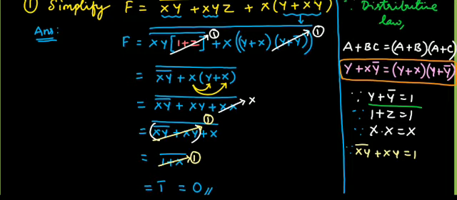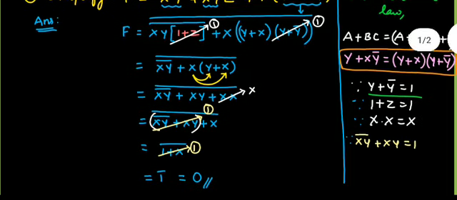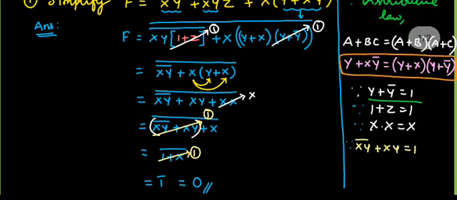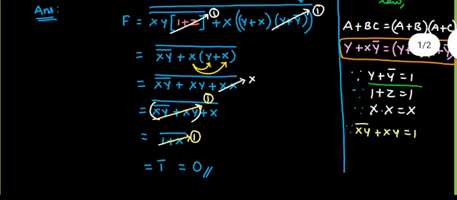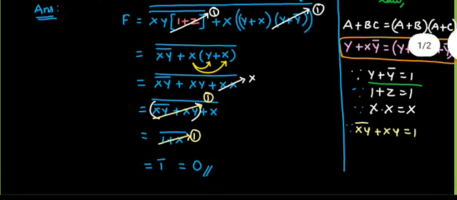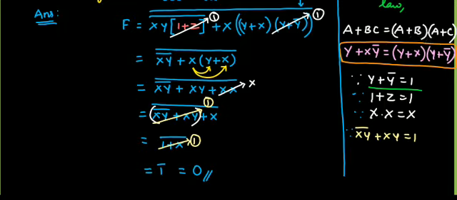So we know very well a plus a bar equal to 1. If it is true, then xy bar plus xy is equal to 1. So xy complement plus xy equal to 1, because both are complement of each other. Then what is the final answer? 1 plus x is also 1. So final answer is complement of 1, that is equal to 0.